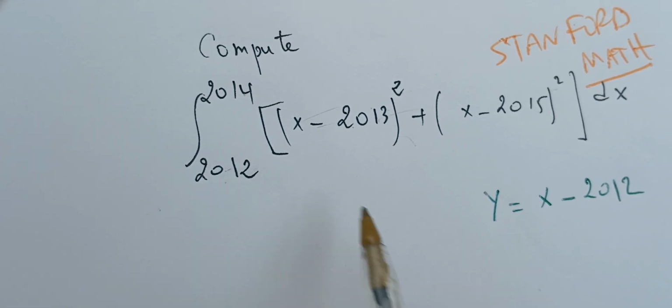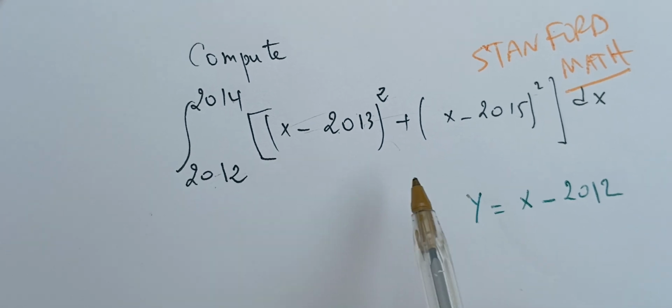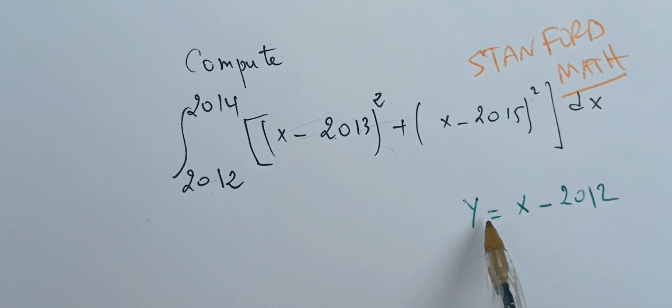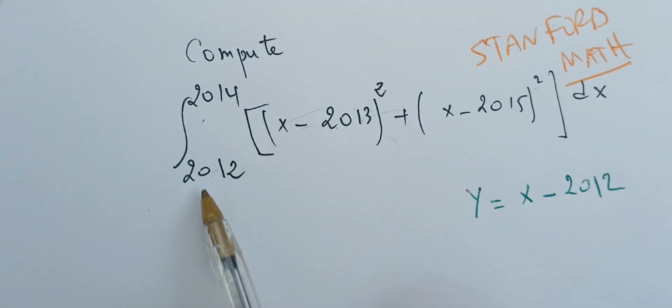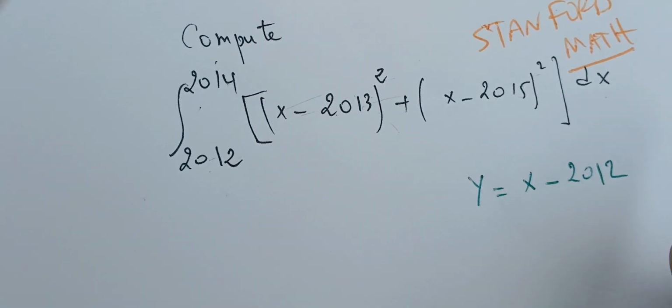When x is 2012, y is going to be 0, and when x is 2014, y is going to be 2. Therefore, we're going to change completely these bounds here, and dx is going to be dy.